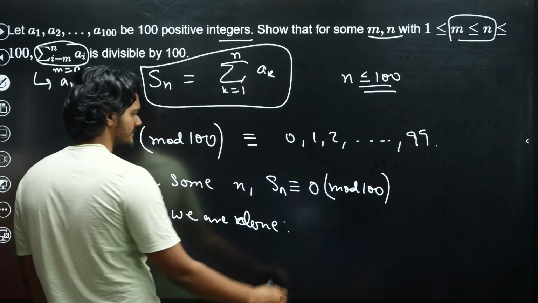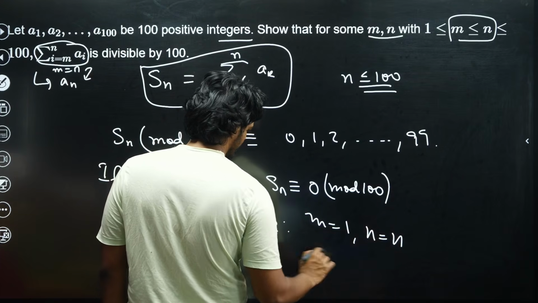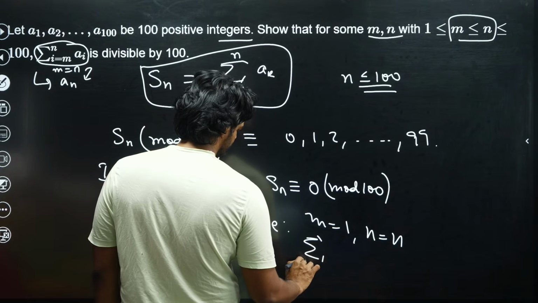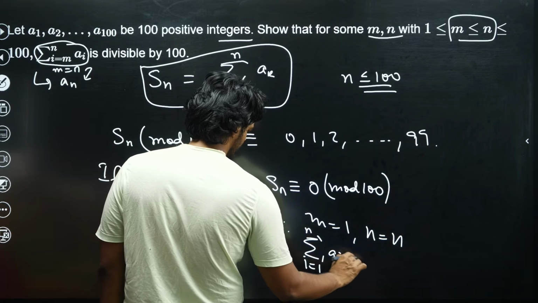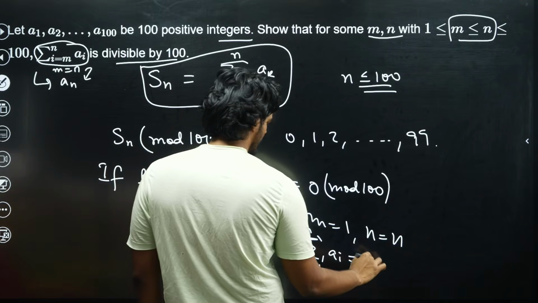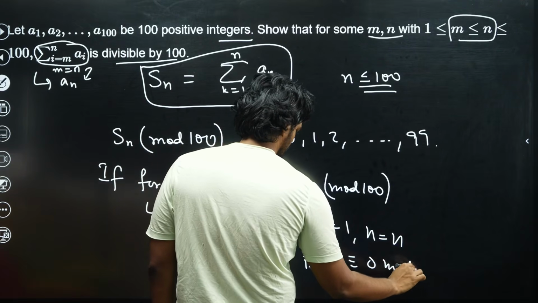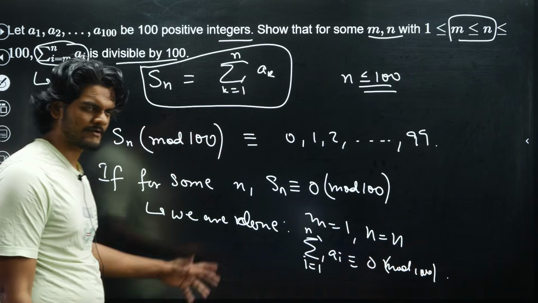Because I can take m equal to 1, n equal to n simply. So the summation from 1 to n of ai is 0 mod 100, right? That was an easy way out.